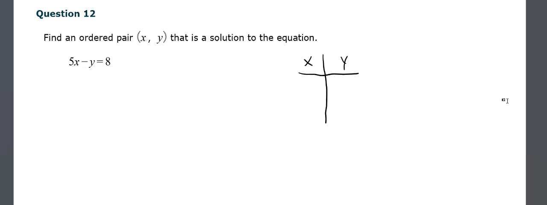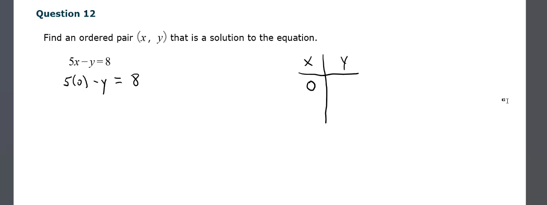So in this case, we can choose anything we want for x or y and solve for the other variable. So let's say, for instance, I want to choose 0 for x. I don't just guess what y is. What I'm going to do is take that value and plug it in for x in the given equation.